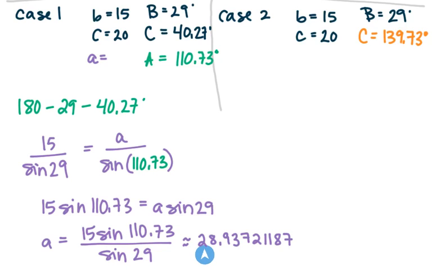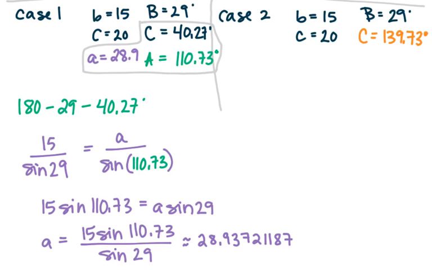And in my calculator, I get 28.93721187. That means I'll come over here and I'll say that a is approximately 28.9. All right, so those are my 3 values that I would be finding for case 1.